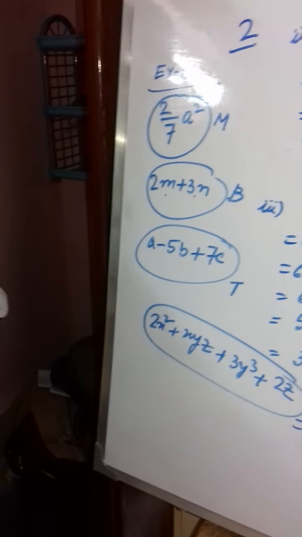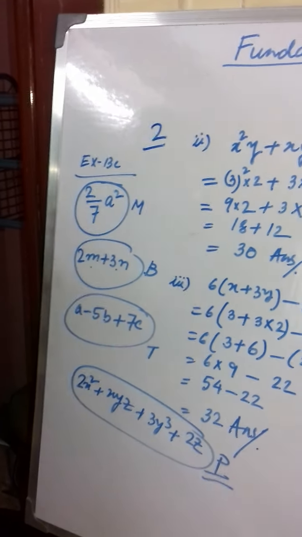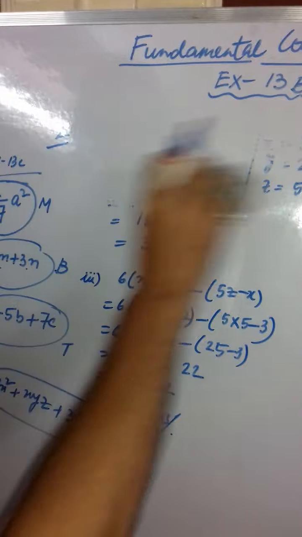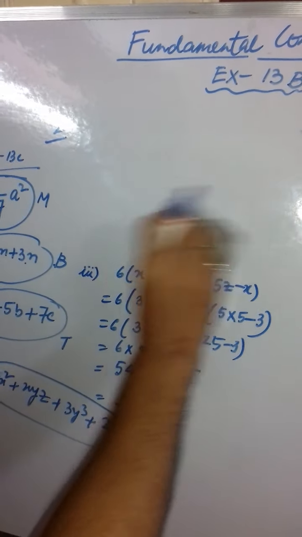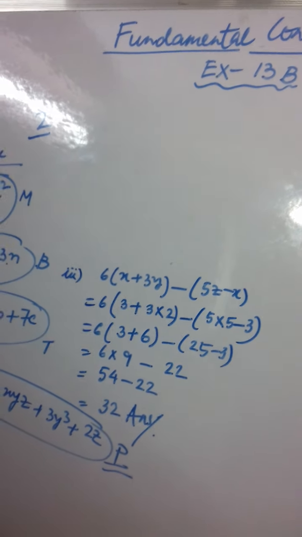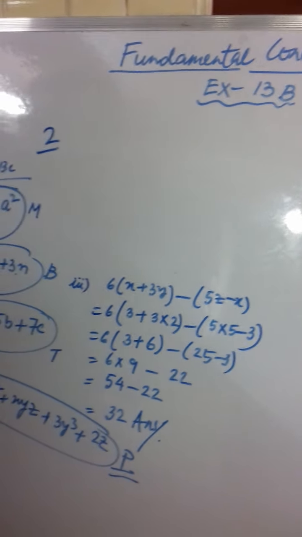But always remember, for a polynomial, x, y, z are the variables. Now if in any algebraic expression the variables are in fraction form, that means situated in the denominator, then it is not termed as a polynomial.